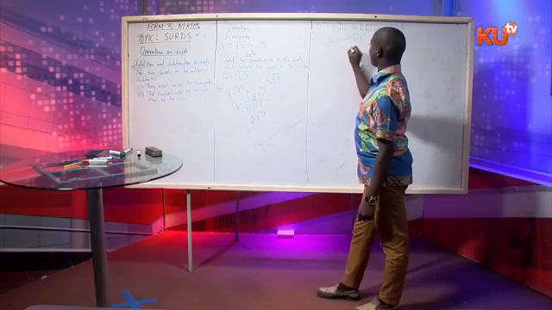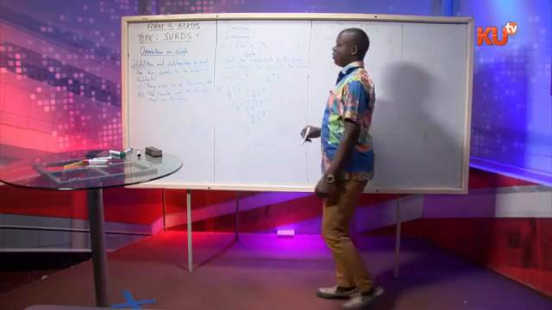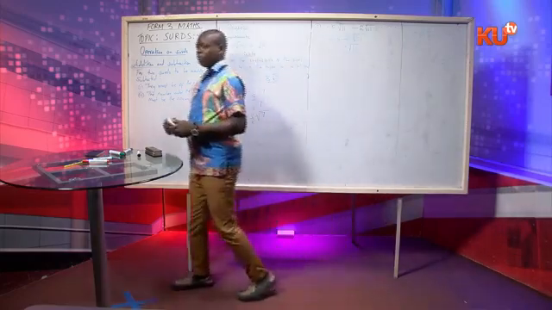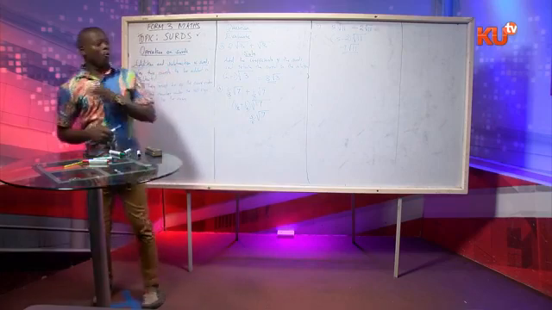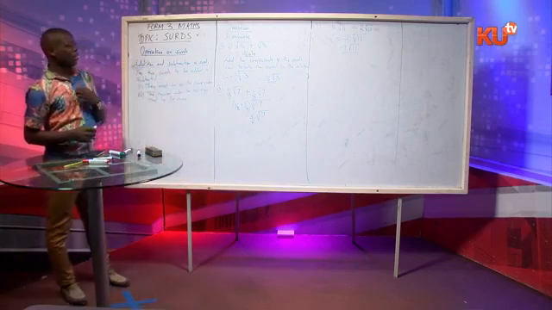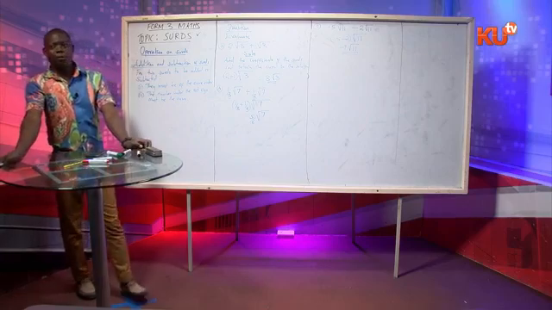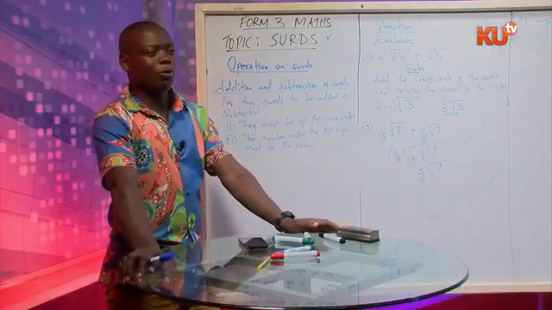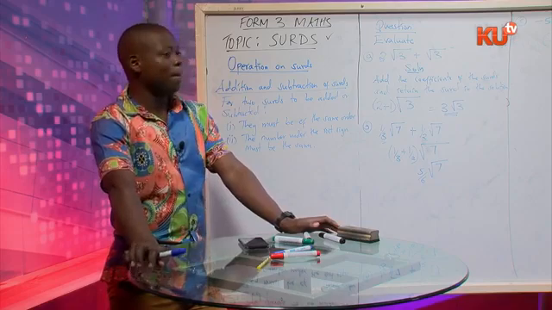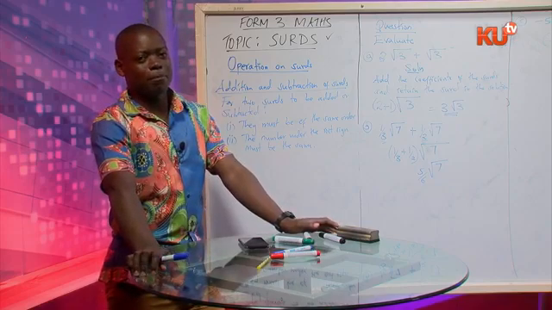So this is negative 7 root 11 as our solution. So that is how we add or subtract surds. These surds must be of the same order, and number 2, the number under the root sign must be the same.